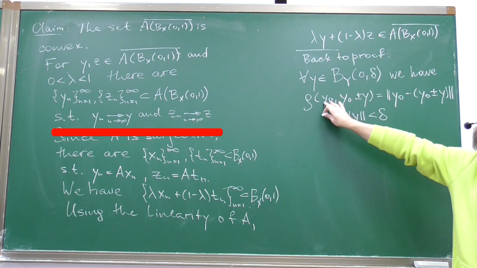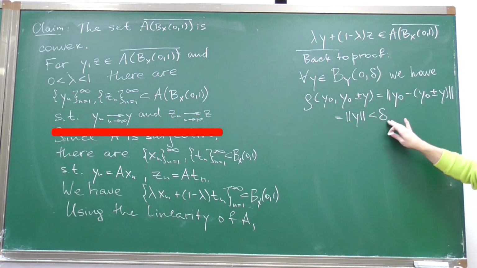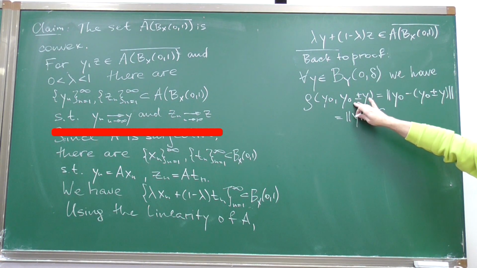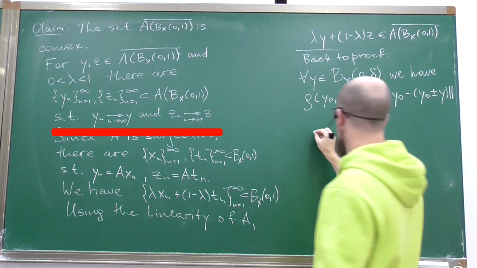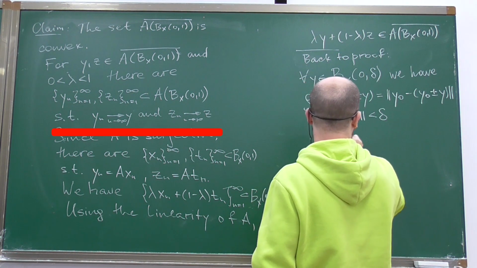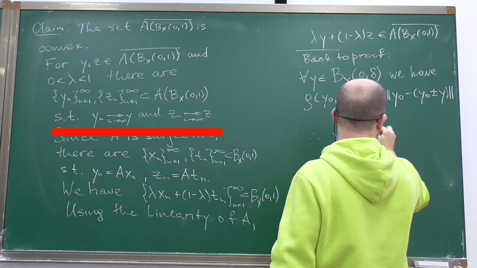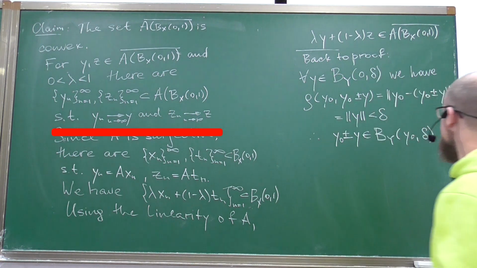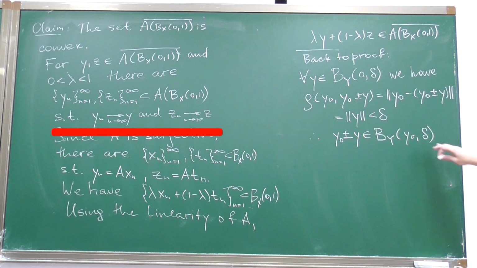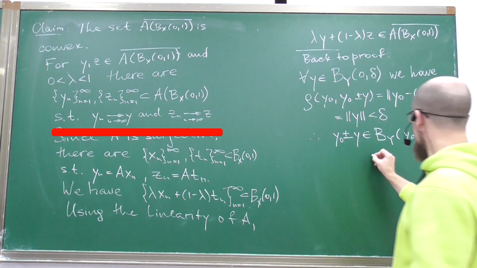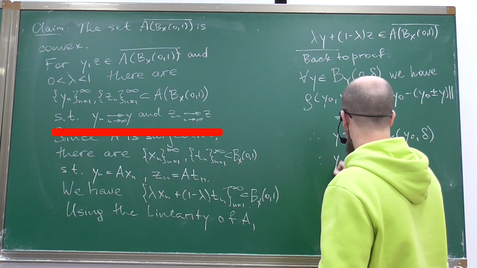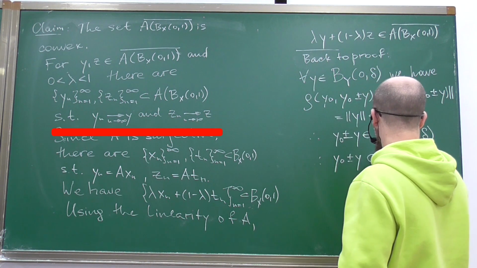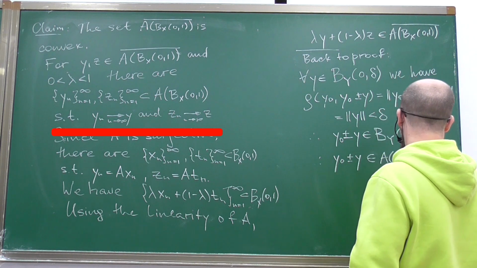So the distance between y0, which is the center of that ball, and this point is less than delta. So these 2 points belong to that ball. But this ball is contained in the closure of the image. Hence, both of these points belong to the closure of the image of the unit ball.